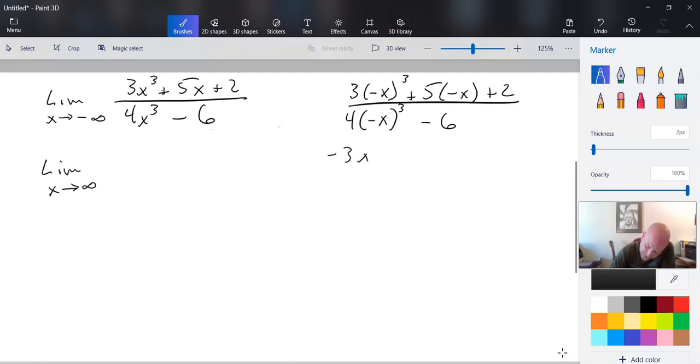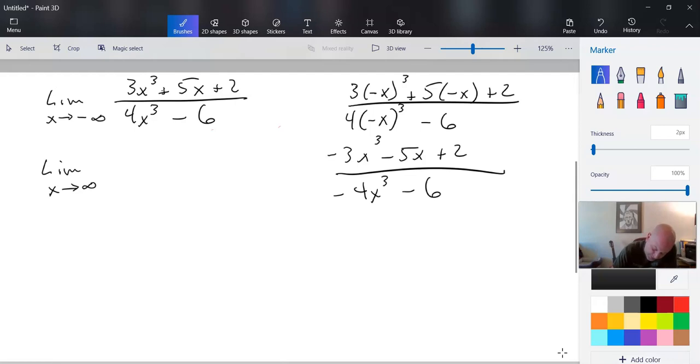That gives me negative 3x cubed minus 5x plus 2. So it's changing the function. And minus 4x cubed minus 6. Okay, so that's what we're looking at now. So we got negative 3x cubed minus 5x plus 2 over negative 4x cubed minus 6.